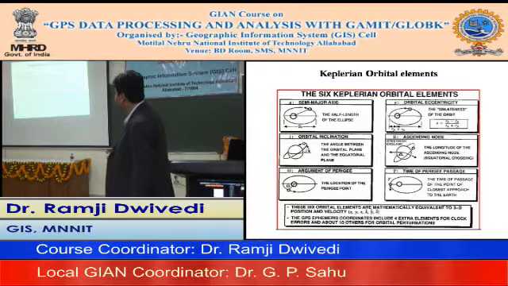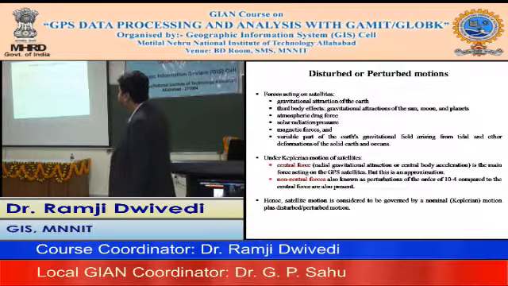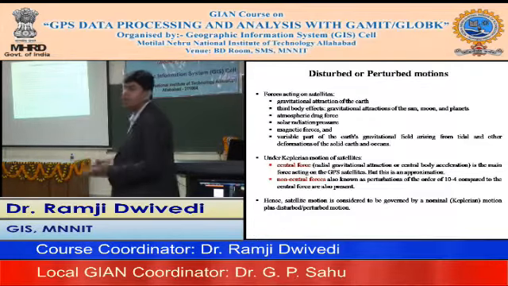And these are the forces which disturb the satellite motion in its orbit: the attraction of the Earth, third-body attraction, atmospheric drag, solar radiation pressure, and magnetic forces. These are disturbing the motion of the satellites in general.